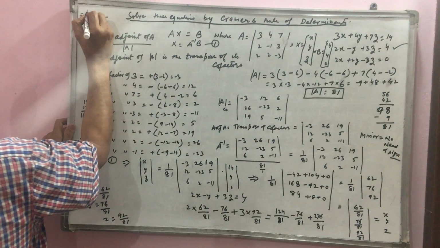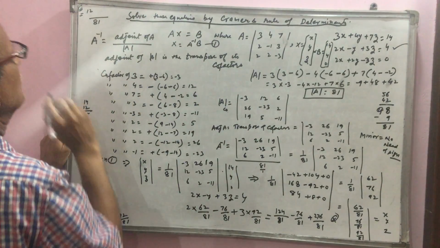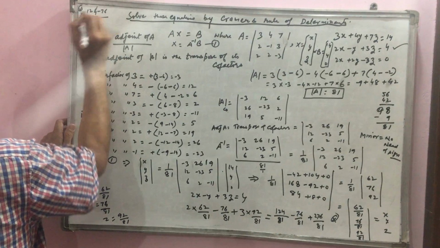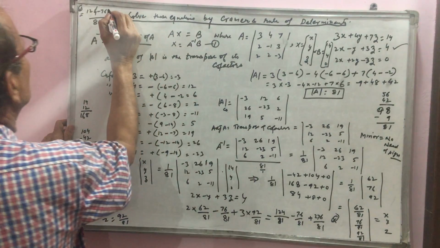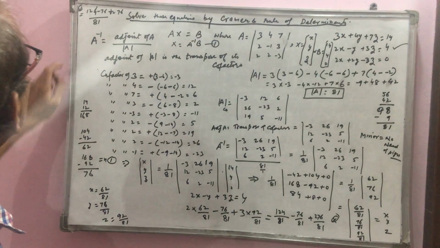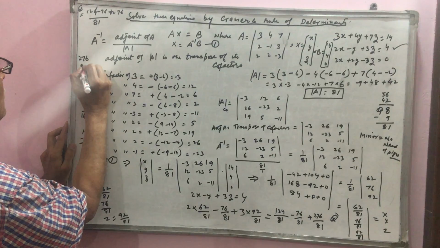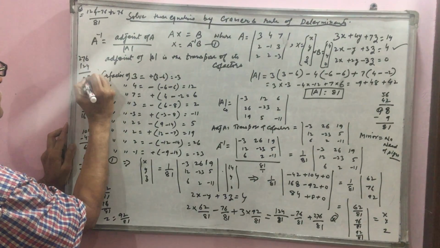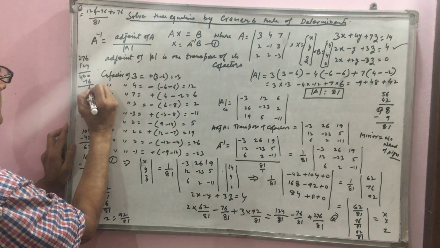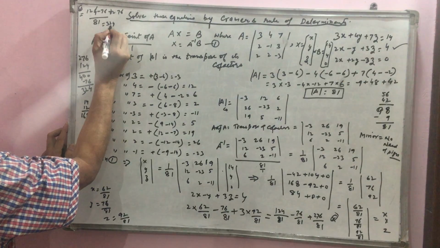So 124 minus 76 plus 276. Now we will solve this: 276 and 124 is 400, and minus 76 is 324 by 81.